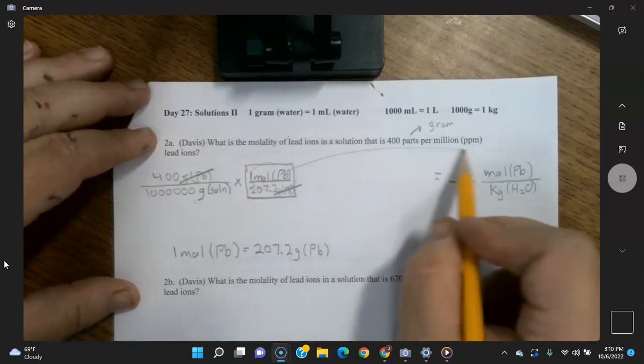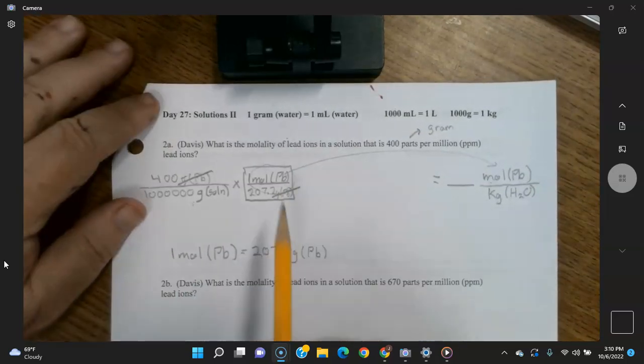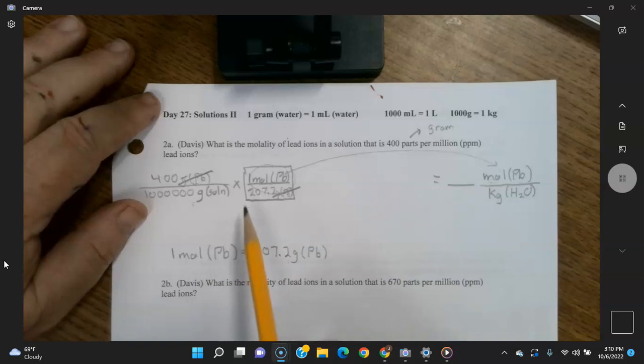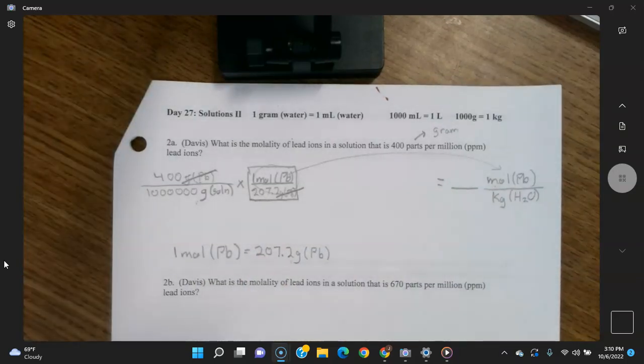And the last man standing on the top is the moles of Pb. So we're done with the top. We don't need to deal with this box anymore until the very end of the problem where we need to use the 207.2 to calculate our final number.